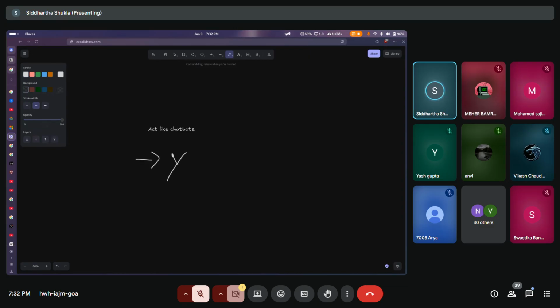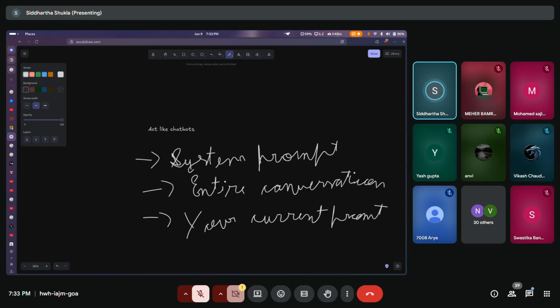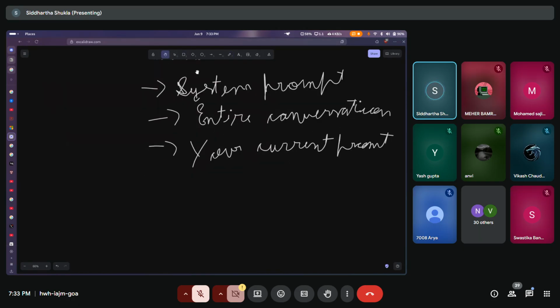The context window is not just limited to your input string. It includes the system prompt, the entire conversation history, your current message, as well as the space needed for the model's response.